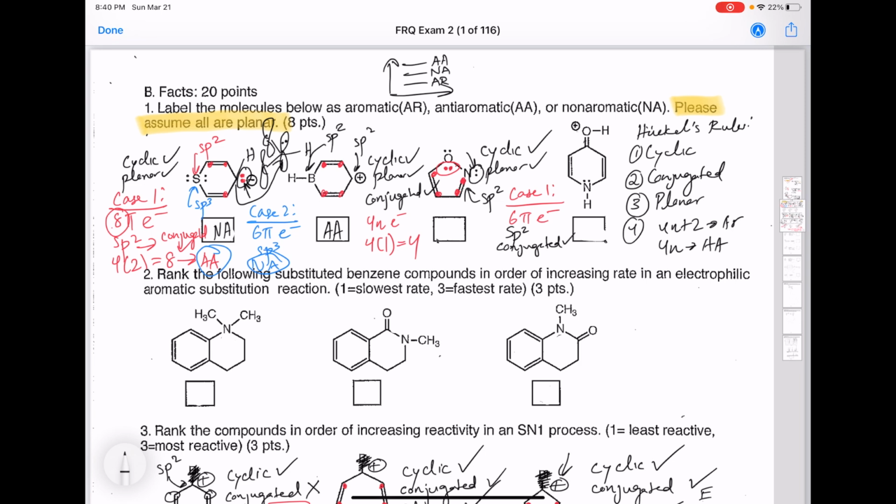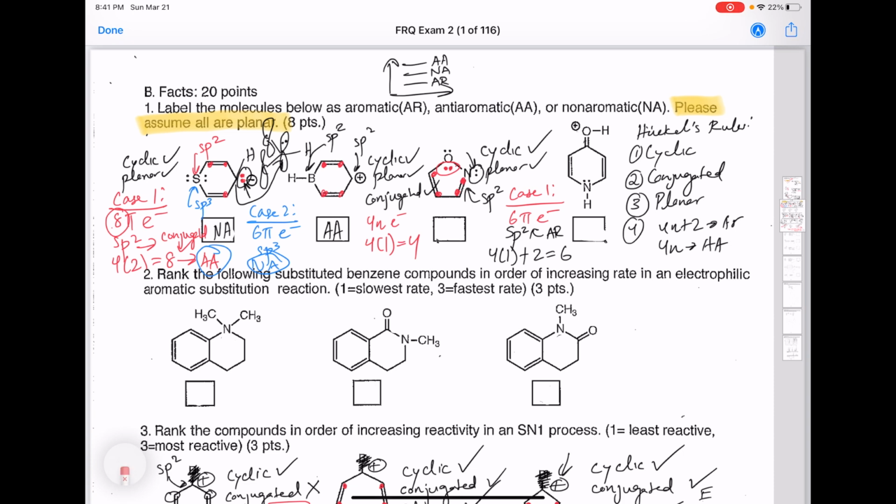And it's also cyclic and planar. So if there's 6 pi electrons, you can get 6 from doing 4 times 1 plus 2 is equal to 6, where n is equal to 1. Since the 4n plus 2 rule is met, then we can say that this molecule, for this specific scenario, would be aromatic, right?